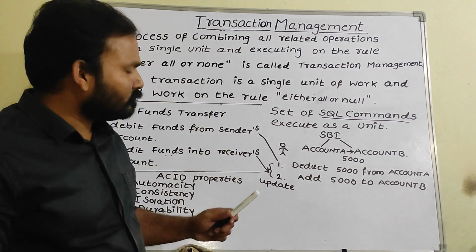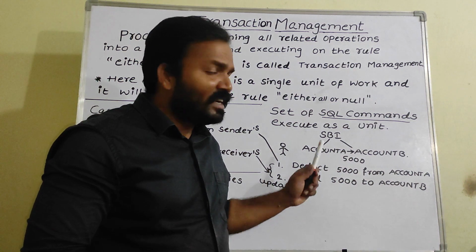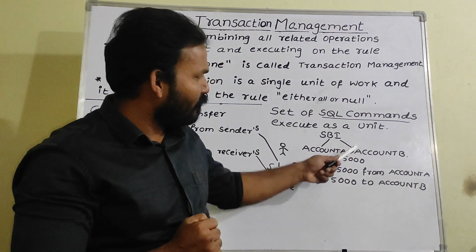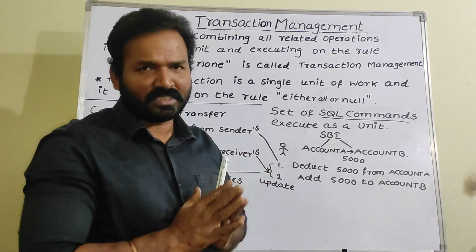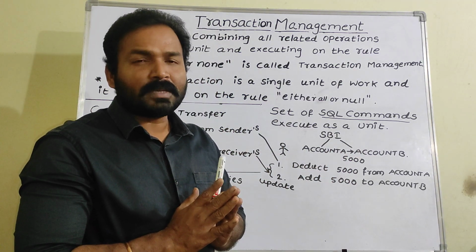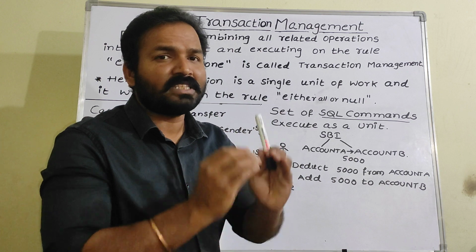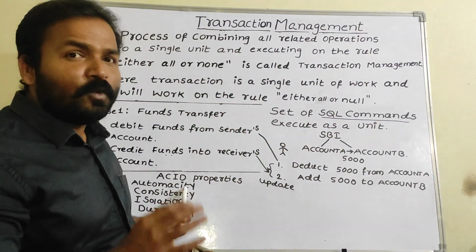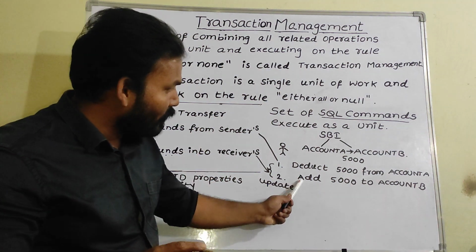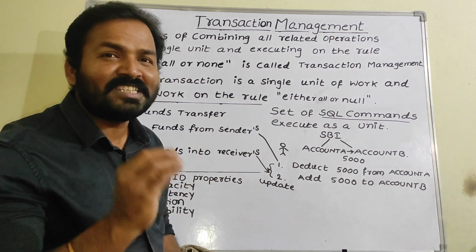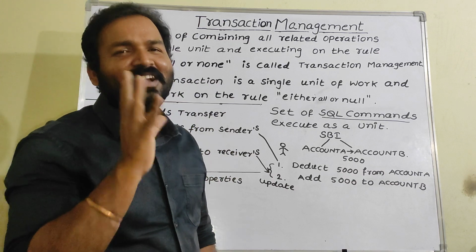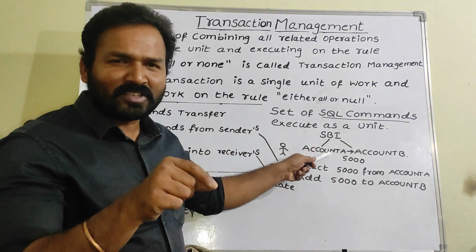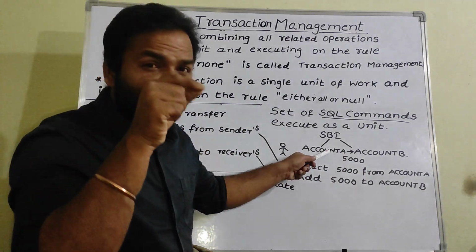Next, Atomicity. When a transaction is in process and suppose the transaction fails, Atomicity will check whether both commands are executed or not.